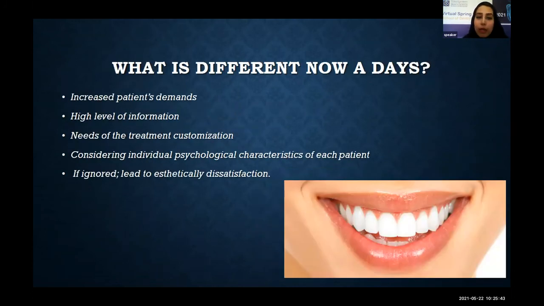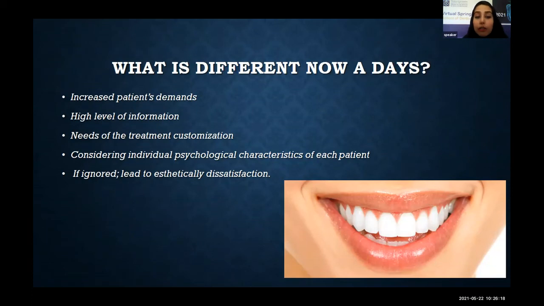Today's aesthetic treatments are totally different from what was in the past because our patients' demands are ever increasing. And when they come to our office, they have a high level of information. They searched a lot, they Googled, they saw some pages on Instagram, and so we need to have a customized treatment for them, not a standard one for everyone that seeks aesthetic treatments.